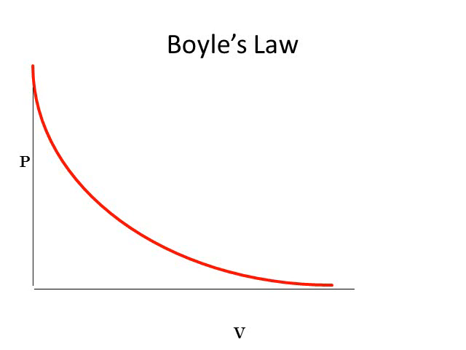So here is a graph representing Boyle's law. And what do we see? If we pick a point for pressure, when the pressure is high, the volume is low. If we pick a second set of points, when the pressure is low, the volume is high.